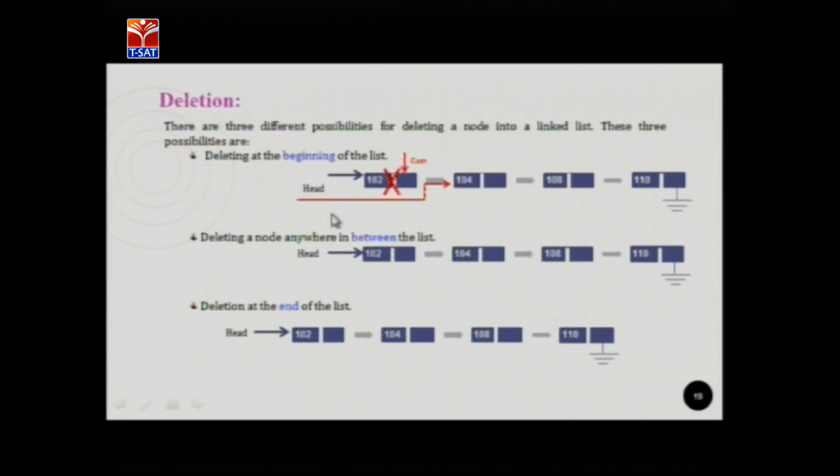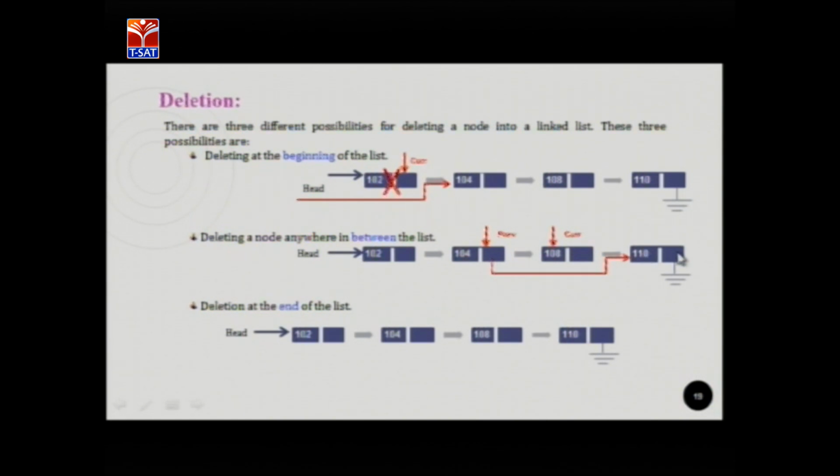Next, we are going to see how the data node will be deleted at the middle node in the list. The data node which we are going to delete will be considered as the current, and the previous node is this. If we want to delete the current, I have to make the connection like this.